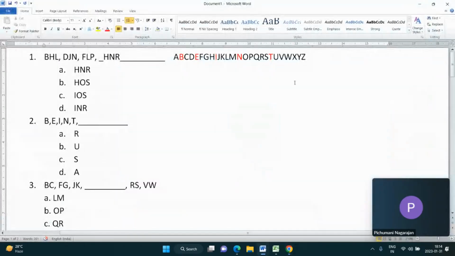Come back to this. So, B, E, I, N, T. I am now checking between T and N. How many letters? 1, 2, 3, 4, 5. Five are there. Between N and I, there are 4 letters.